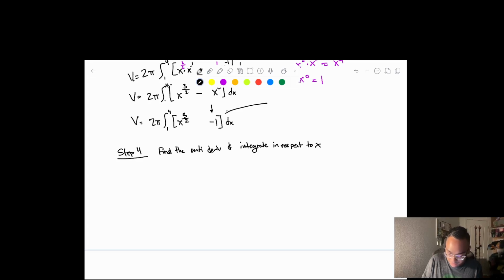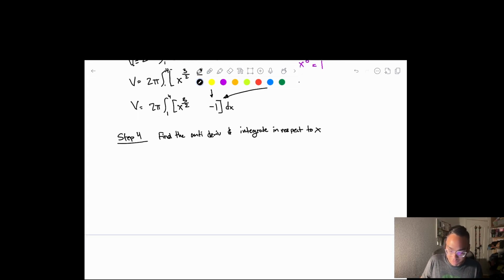We're going to take this and throw it into the antiderivative formula. If you remember correctly, it's going to look something like this: x to the 3 over 2, minus 1, parentheses, dx. For now, this does not matter.